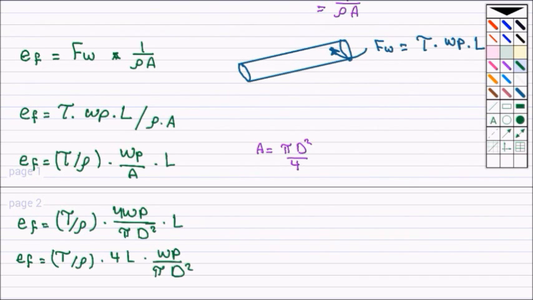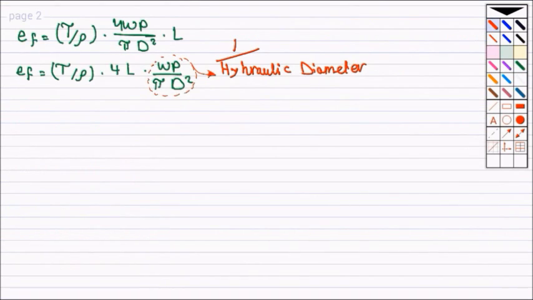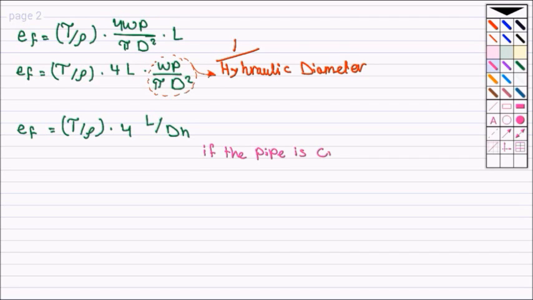The multiplicative inverse of WP divided by D squared is called the hydraulic diameter, DH. So we can write the equation like this: EF will equal tau divided by rho times 4L divided by DH. If the pipe is circular, then DH will equal D, the diameter of the pipe.